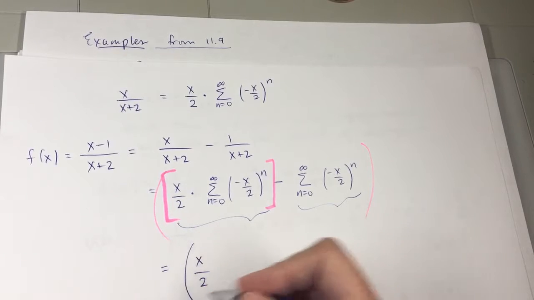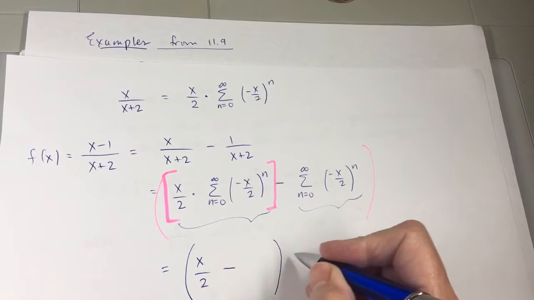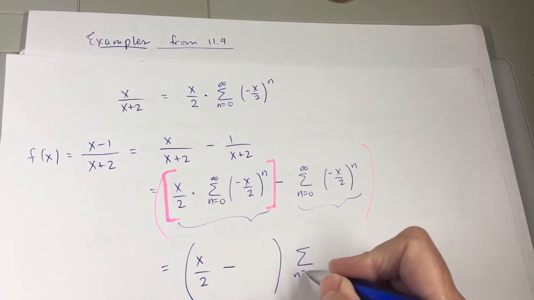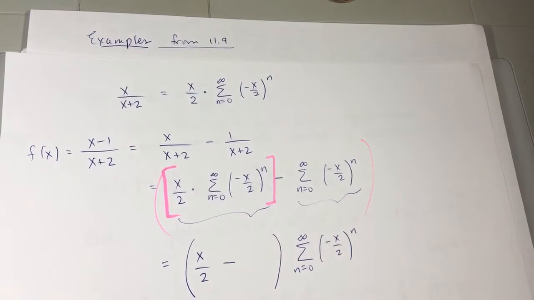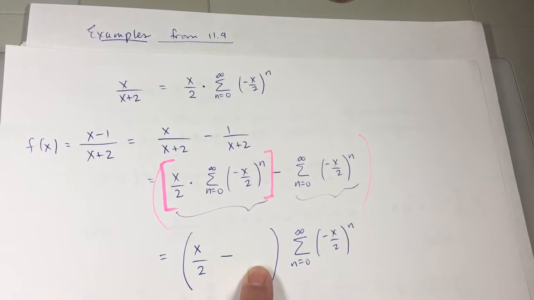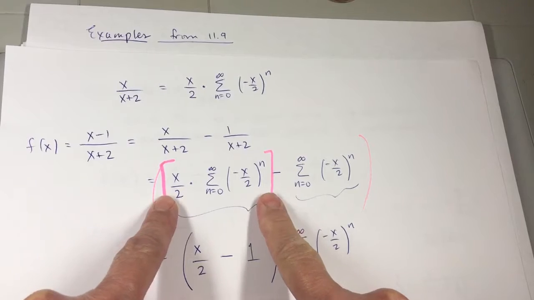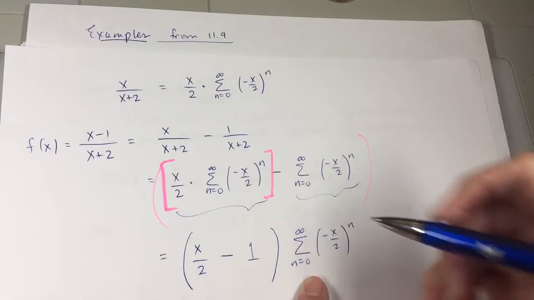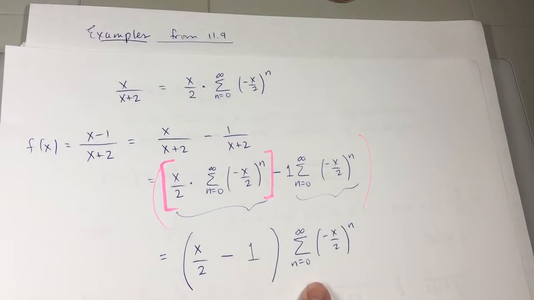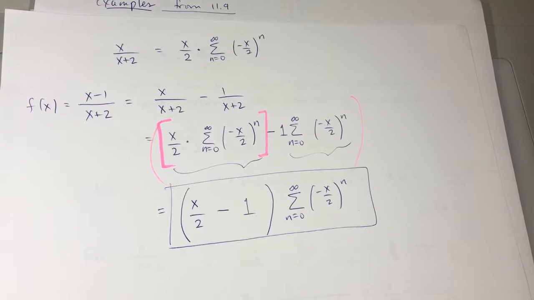I would have x over 2 minus something, think about what that is, times the summation, as n goes from 0 to infinity, of negative x over 2 to the n. What goes right here? A 1. Because I got this term, I factored out my summation, and I got minus the same summation. In fact, here's the 1. I can just put it in the front of that. So I'm going to leave it like that. The back of the book might have something that looks a little different.